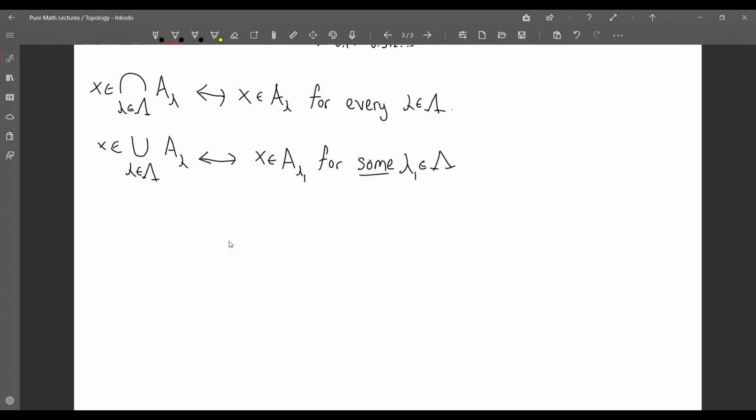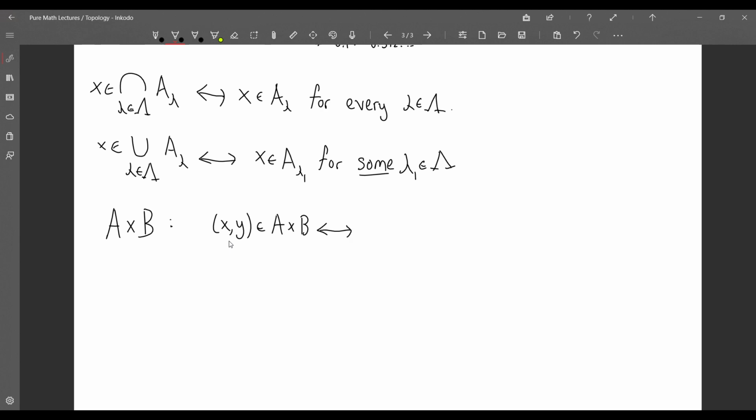And then De Morgan's laws carry over to these families of sets in a very natural way. The next operation is the Cartesian product. Elements of this set are going to be denoted as an ordered pair.